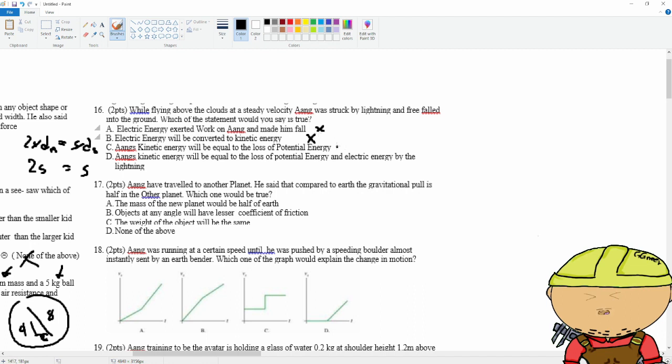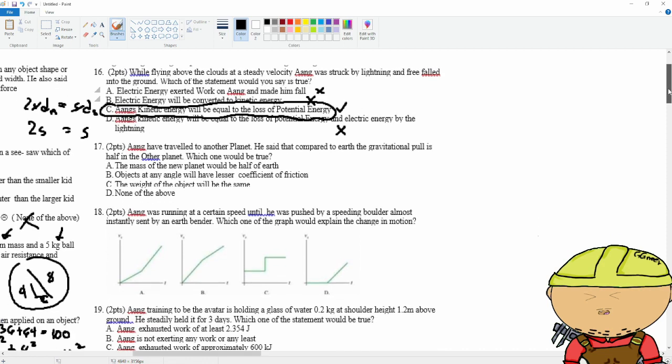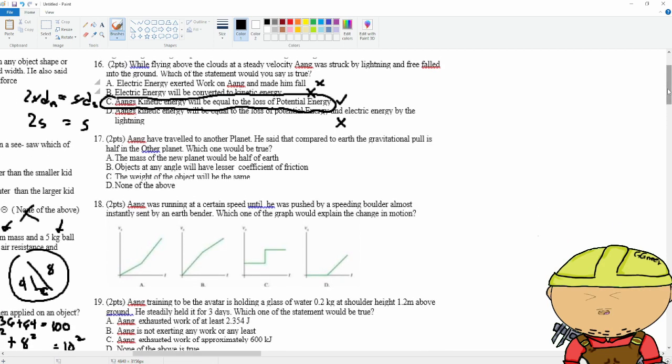Yes, because he will be falling. Ang's kinetic energy will be equal to the loss of potential electric energy by lightning. No. So letter C is the answer. Electrical energy is not included in the statement. The lightning probably knocked Ang out, but it's not part of falling.